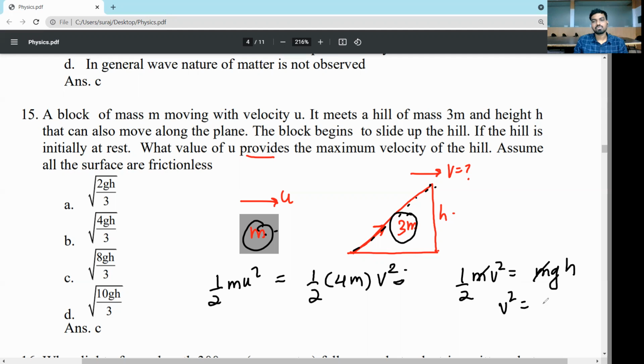So v square is equal to 2gh. Substitute this v square over here, then solve. We'll get u will be equal to root over 8gh. 4 into 2, this becomes 8. Half will get cancelled.